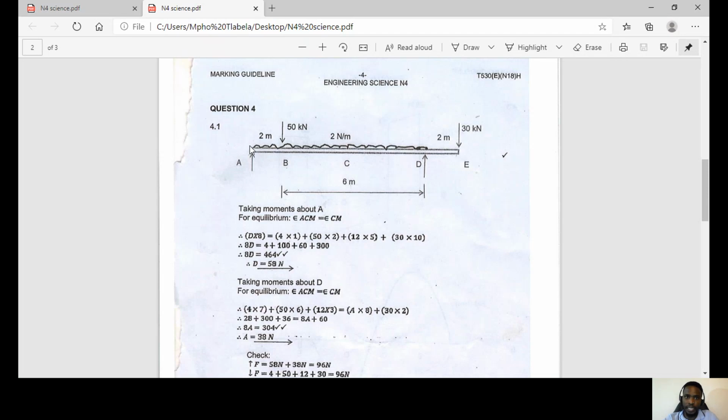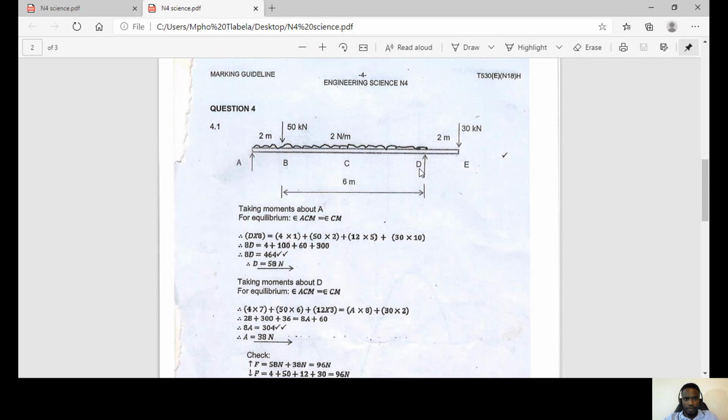Or simply you can take this distribution load as 1, guys, meaning you're not going to have this one and this one. You're going to combine them as 1, meaning you're going to have 2. You multiply it by the total length here, which is 8. That's going to give you 16. Half of the distance to D, so we're going to get 4. Going to give you 64.